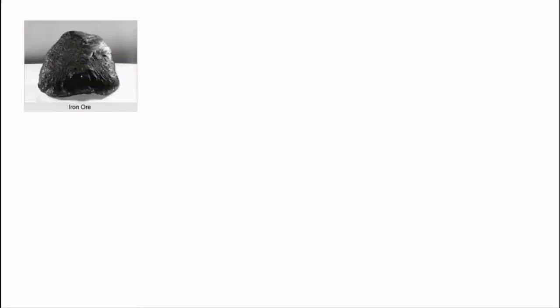So what do we have in this question? We have a sample of iron ore, and the mass of this iron ore is 1.55 grams. For your information, guys, iron ore actually contains iron and impurities.